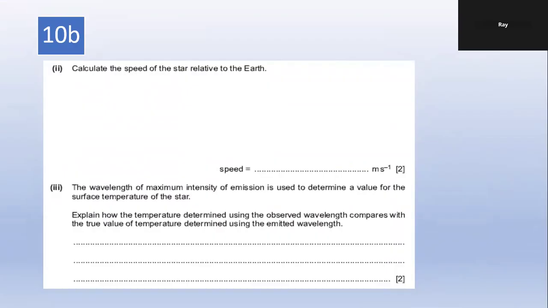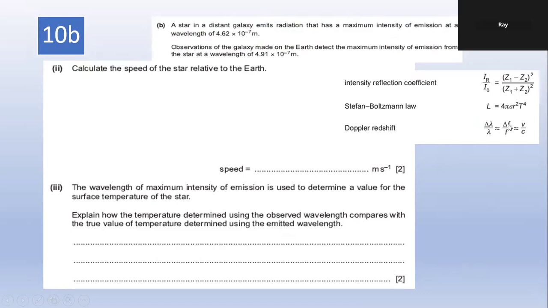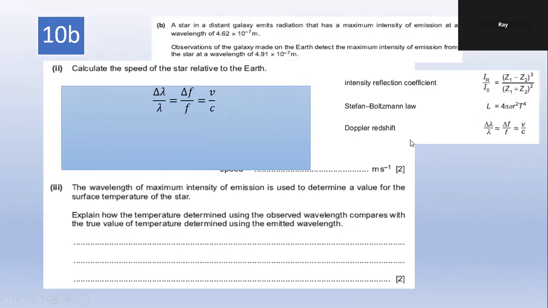Calculate the speed of the star relative to the Earth. How to do that? What formula to use? Delta lambda over lambda equals v over c. Go to the formula sheet, no? There's a formula, right?